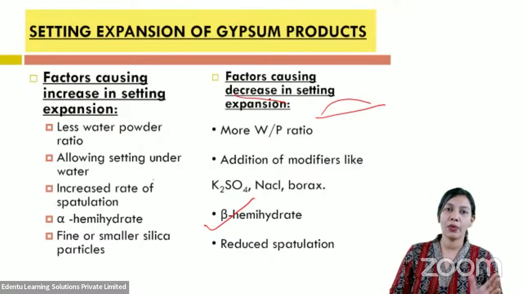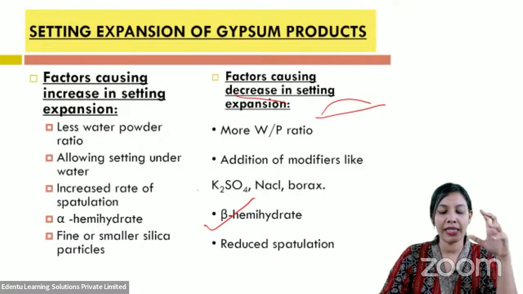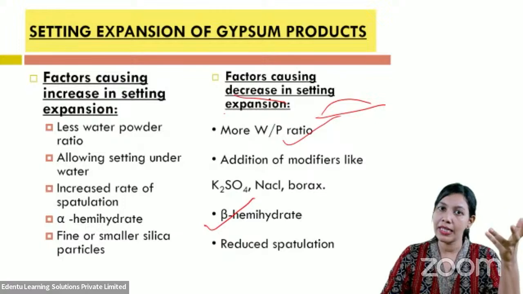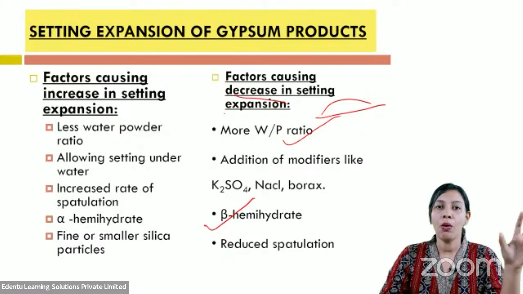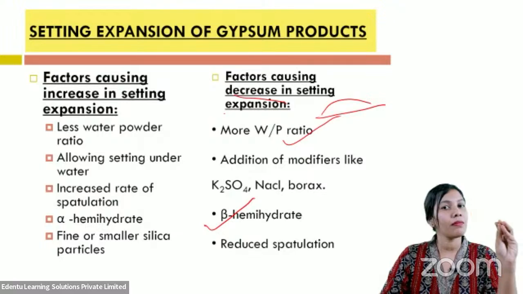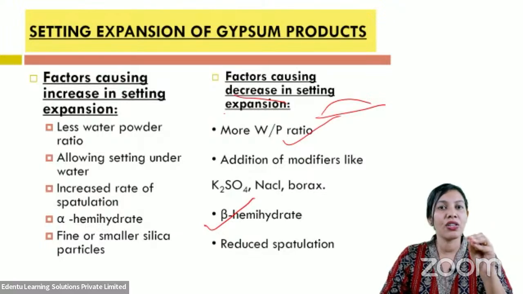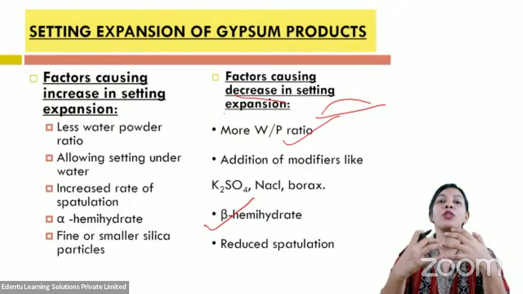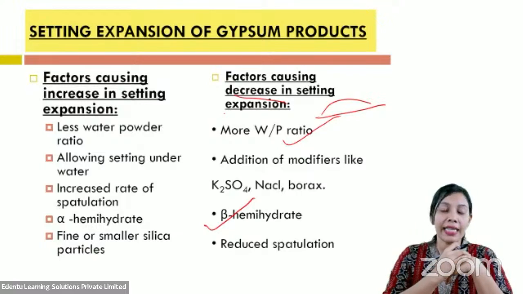Beta hemihydrate needs more water powder ratio, as we have already studied, about 40 to 50, because of the porous nature of the material. The water goes into the porous area and cannot push outside, causing less setting expansion.